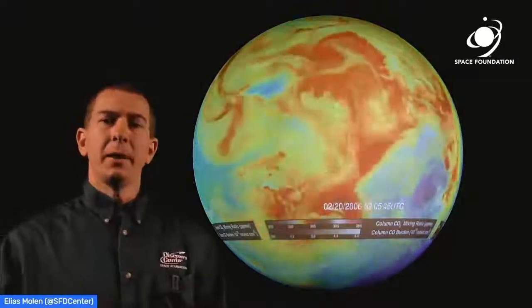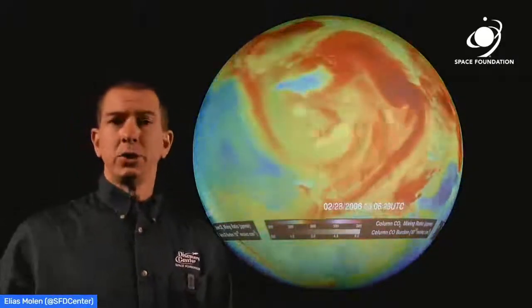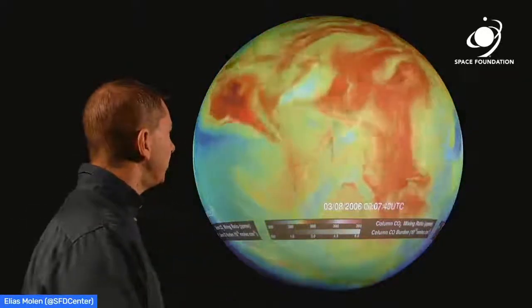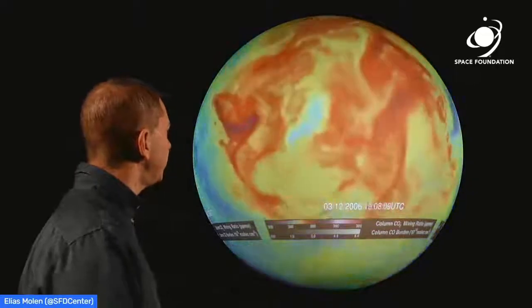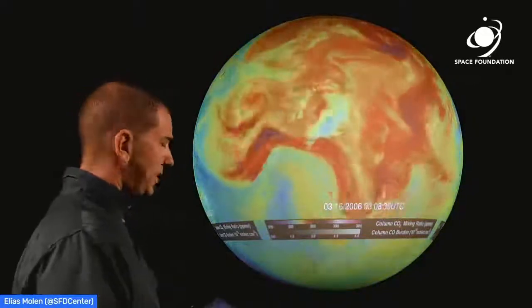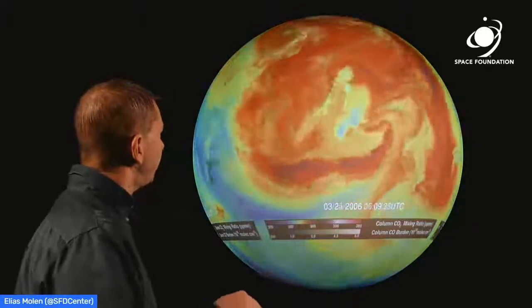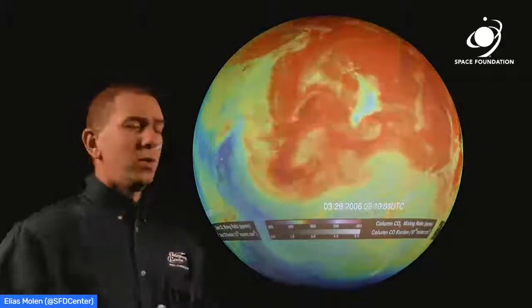If you see any whites, which you'll see soon, that is carbon monoxide. Carbon monoxide is created by humans, pollution, by burning of fossil fuels, etc. But here we see a lot of carbon dioxide mixing in the northern hemisphere as we go through the winter months. So it's interesting to see these seasonal cycles in the chemistry of our atmosphere.